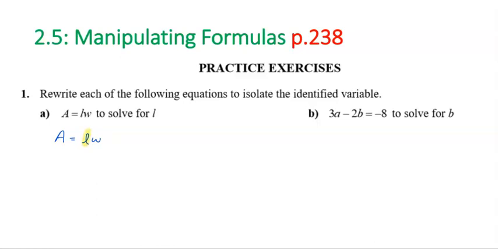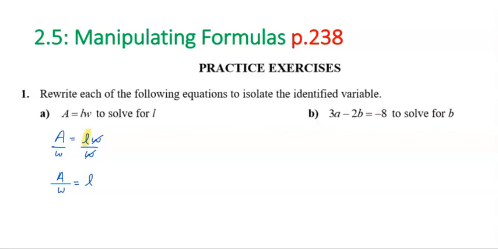We see that we are multiplying the width by the length. So in order to get rid of the width, we're going to have to do the inverse. We're going to have to divide. So we're going to divide by the width on both sides of the equation. That will cancel on the right-hand side, leaving us with L isolated. So A, area over width, is equal to the length.